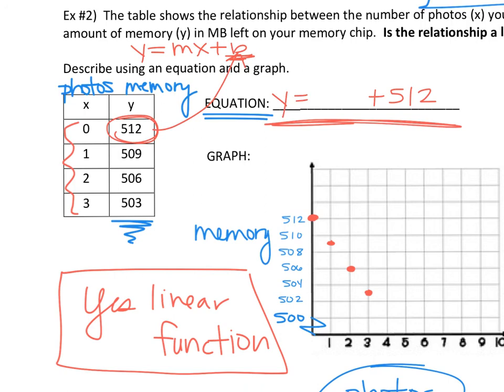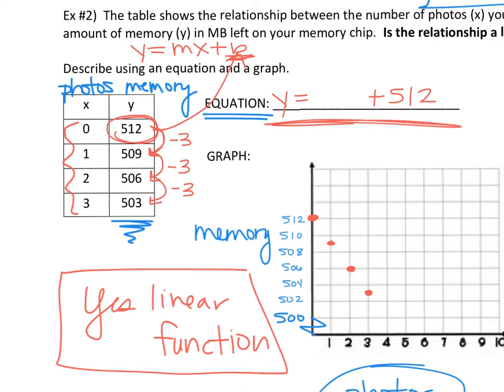Do you remember how to find that gap? So what did you have to do to get from 512 to 509? Subtract 3. Now this one's a little bit different. We subtracted. So subtract 3, subtract 3, subtract 3.